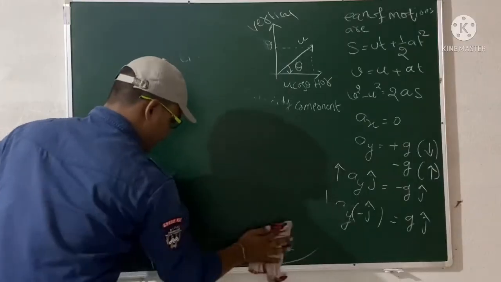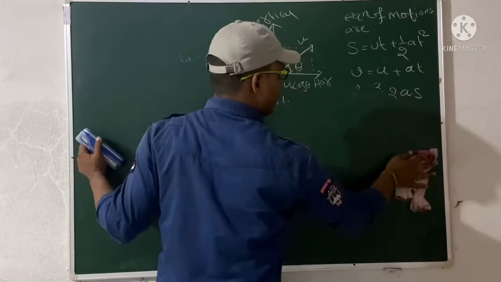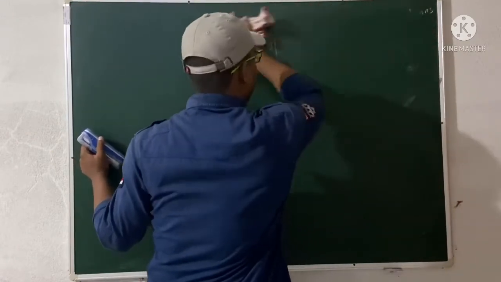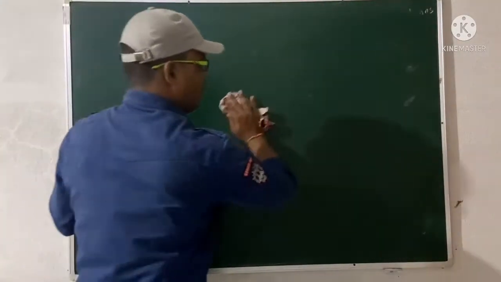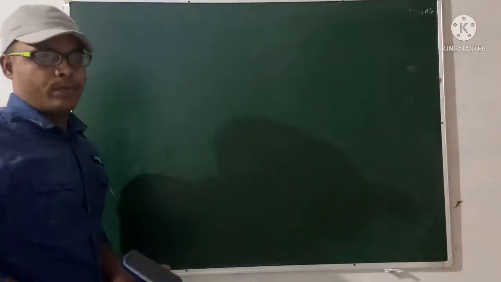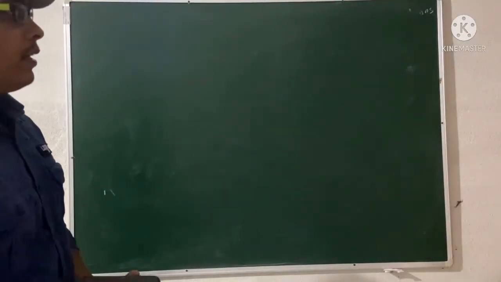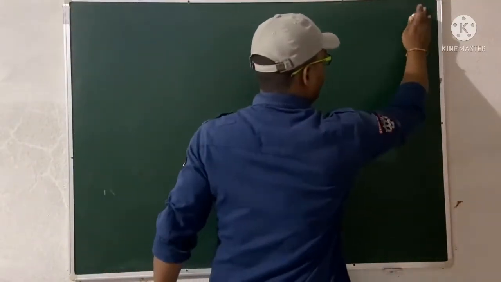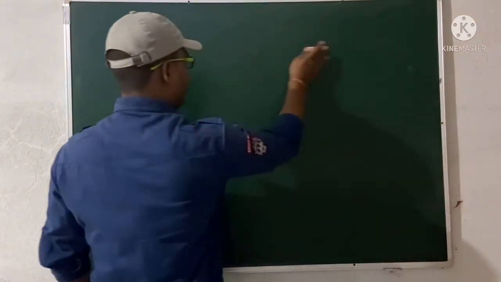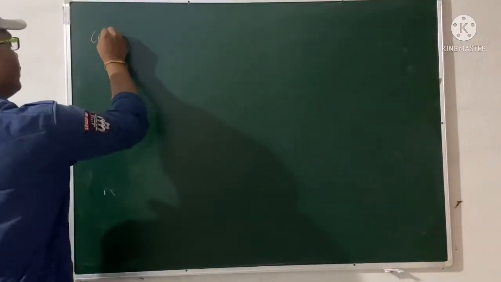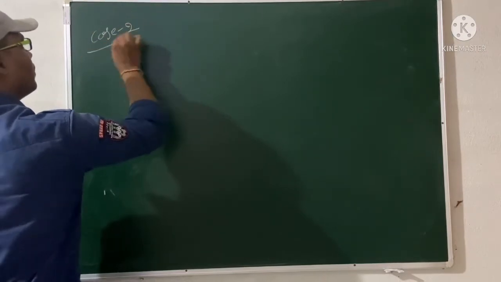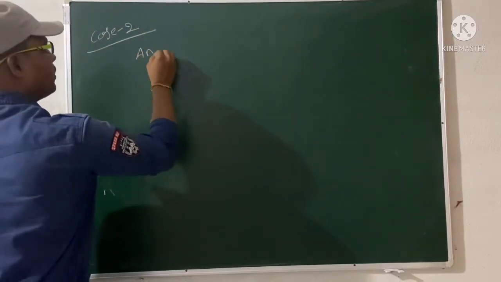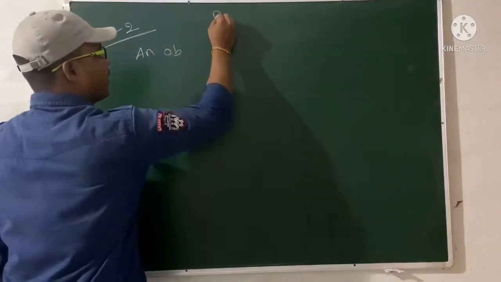Okay, so today we will discuss the second case of projectile motion, that is, the object is dropped from a certain height h, right? So case 2 is here, in the projectile motion chapter.